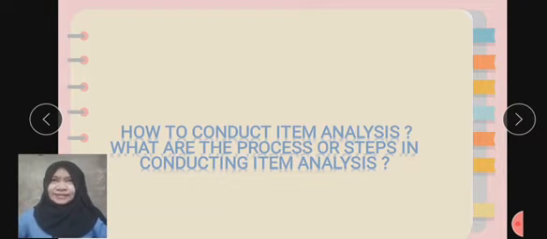Of course not. Of course not, class. So, this item analysis has a process, or the step-by-step process, which we're going to explain. Hindi siya madali na i-check lang, akin na yung test, ito, pasado tong test na to. So, mayroon siyang process or steps.